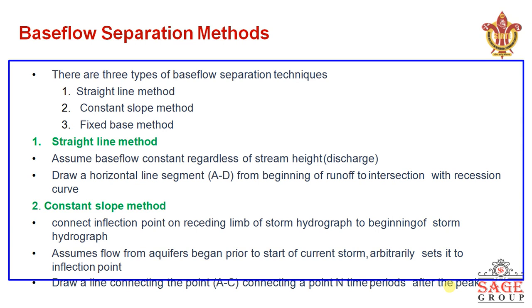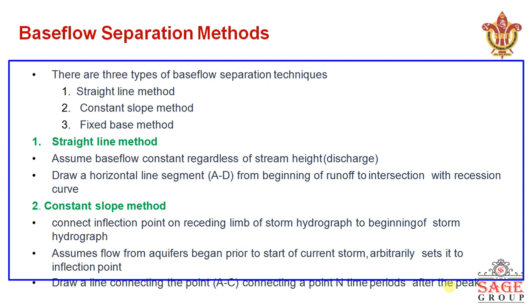Second method is the constant slope method. In this, connect the inflection point on receding limb of storm hydrograph to beginning of storm hydrograph. It assumes that flow from aquifers began prior to start of current storm, arbitrarily sets it to inflection point.